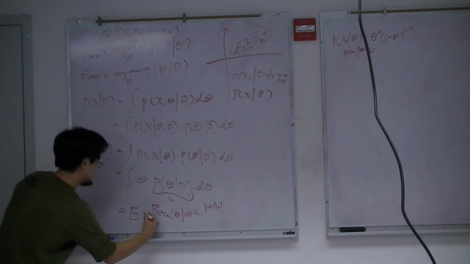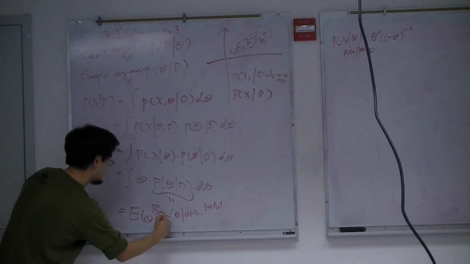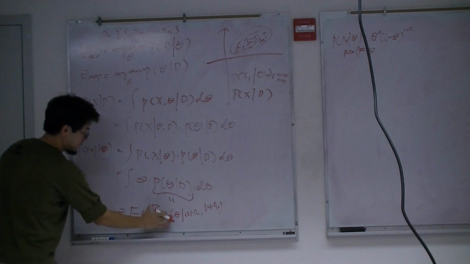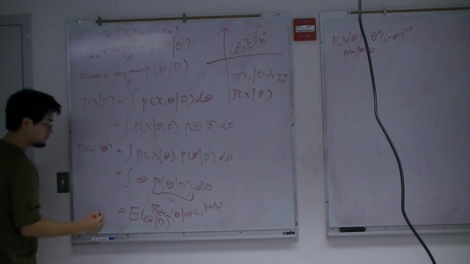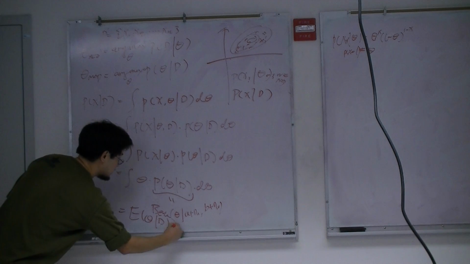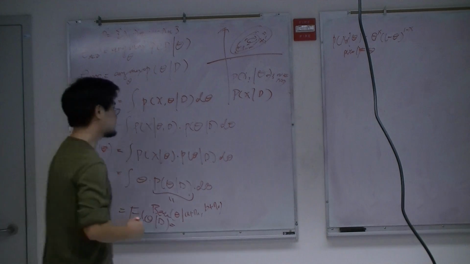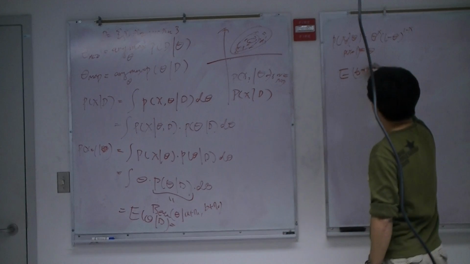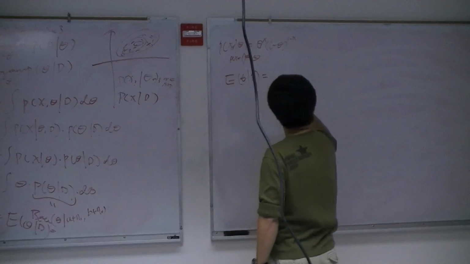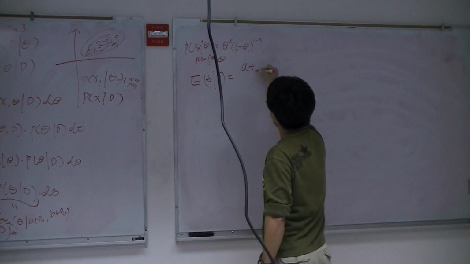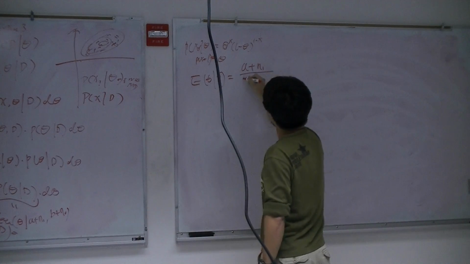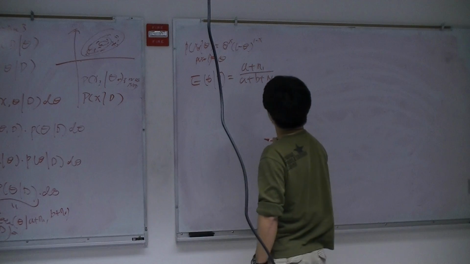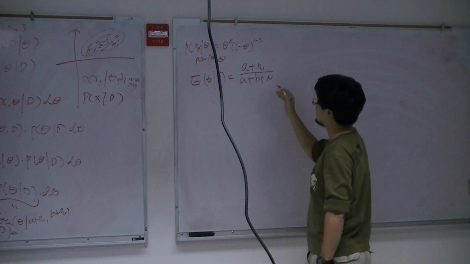So this is E of theta given D. The expectation of this beta distribution is A over the total number of observations.